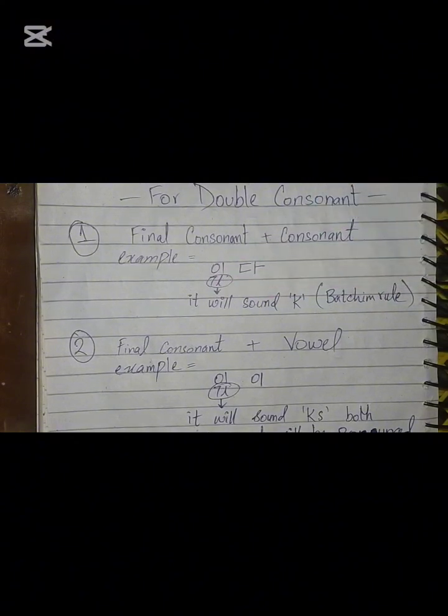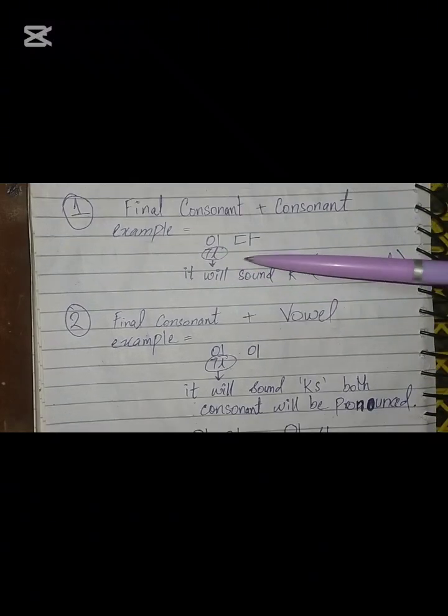I have told them in my previous video. So the main consonant is this one, K. So it will be ikta. The sound will be K, the first consonant, okay? Because there is a consonant following, we use the Batchim rule, which is the K sound over here.